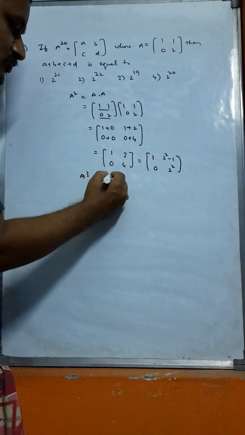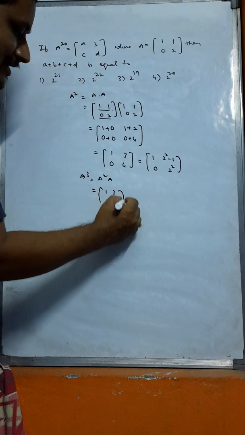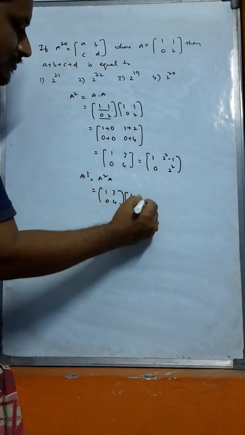So A square into A. So what is A square? 1, 3, 0, 4. Multiply with 1, 1, 0, 2.